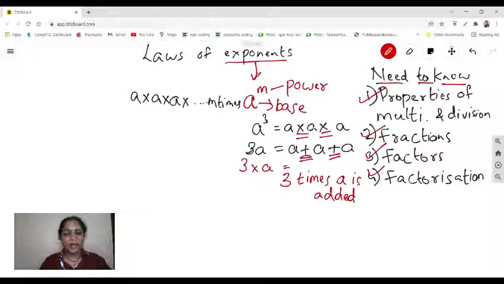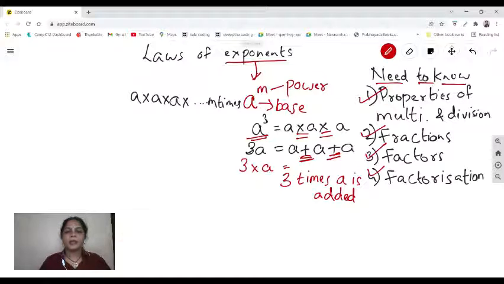Instead of adding several times, several times adding is called repeated addition. Repeated addition is called multiplication. Repeated addition is multiplication. But repeated multiplication gives you an exponent. Repeated multiplication gives you an exponent.